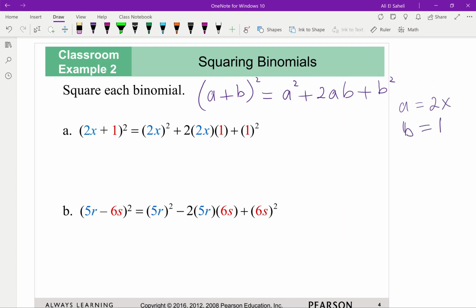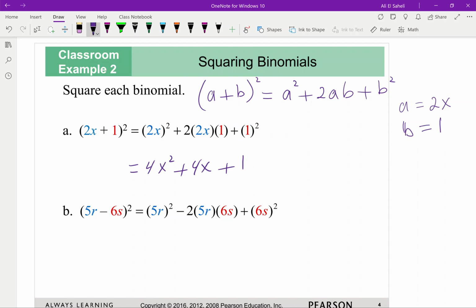So this is a squared plus 2ab plus b squared. 2x all squared means 2 is squared and x is squared, so this is 4x squared. 2 times 2x is 4x, times 1 is 4x, plus 1 squared is 1.